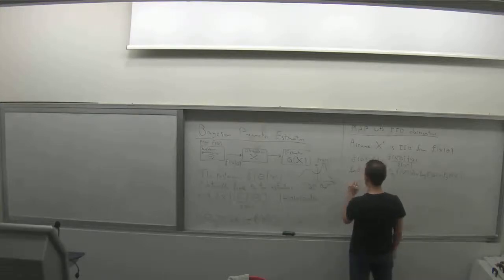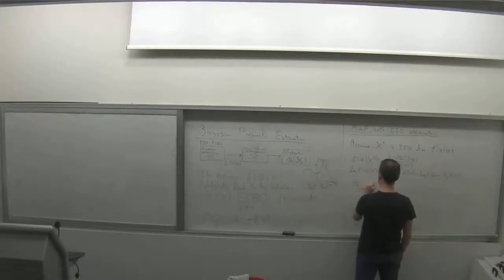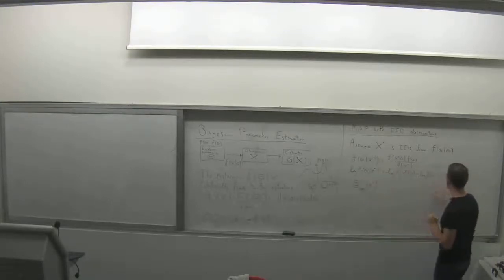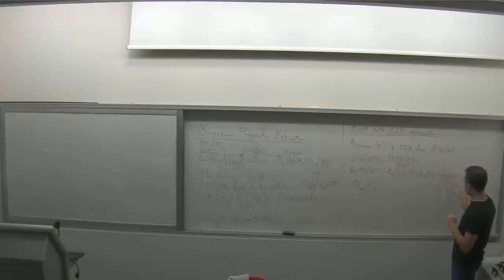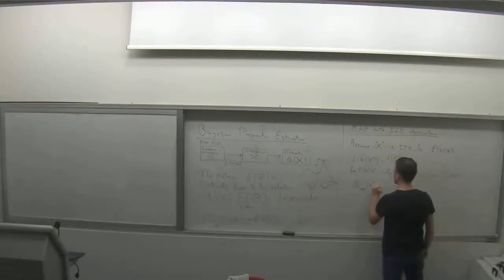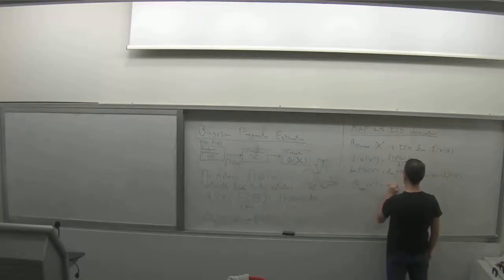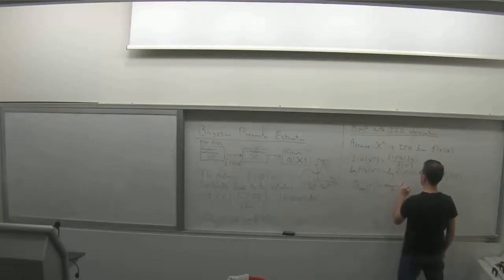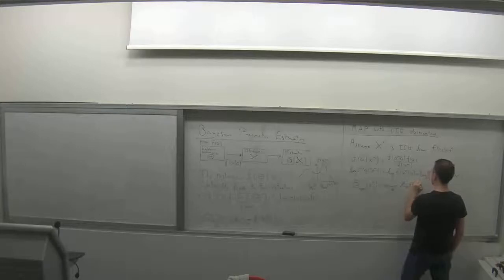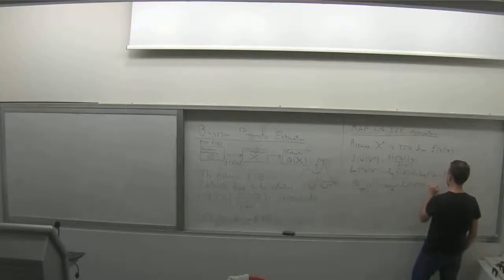And then it's clear that theta hat MAP of x_n, which is the argmax of this, this additive term here doesn't matter. Why doesn't it matter? Doesn't depend on theta, exactly. So it's the argmax over theta of just these two things.